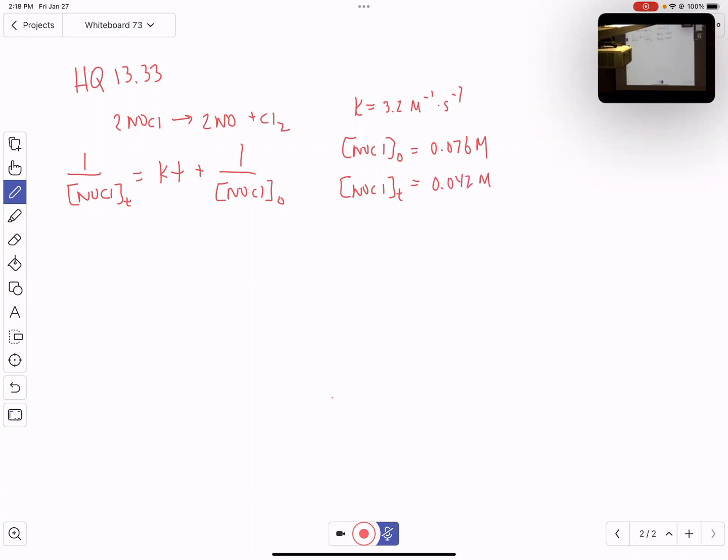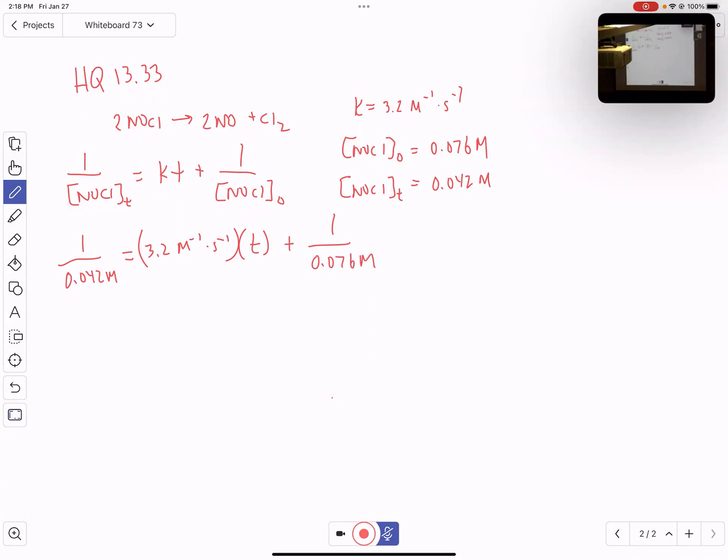So from there, I just want to plug everything in. 1 over my concentration in the future, 1 over 0.042 molar, equals k, 3.2 inverse molar inverse seconds, times time plus 1 over my initial concentration, 0.076 molar.